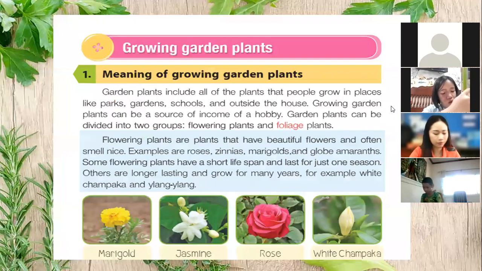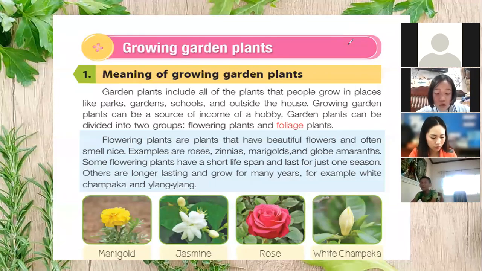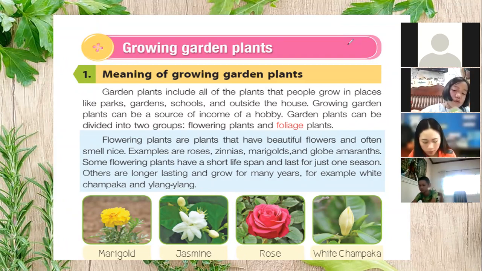So let's start from page number 70. So our first topic is growing garden plants. How can we grow plants in our gardens, right? So first of all, we are going to learn what is the meaning of growing garden plants.